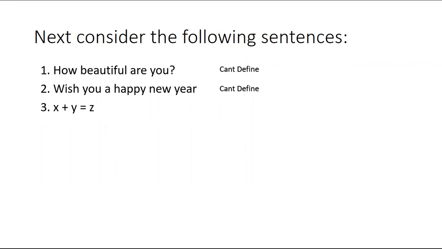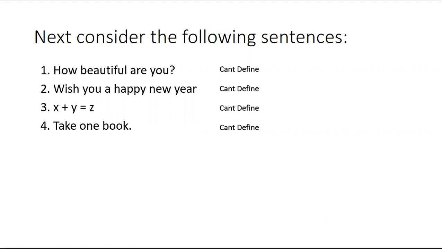Can we define true or false? No, sir, we can't define it unless we know the values of x, y or z. Next, take one book. This also we can't define. So these kinds of statements we are not going to take as propositions.